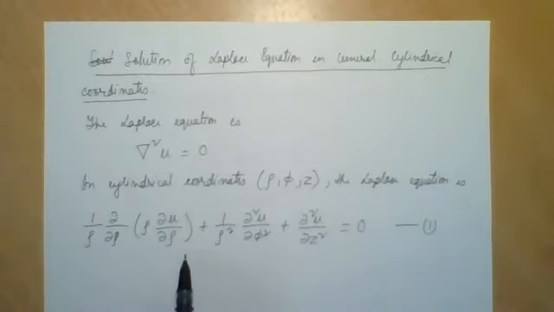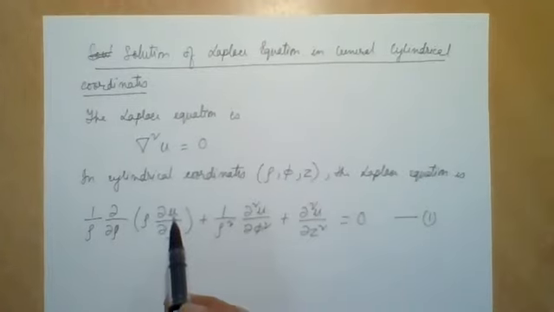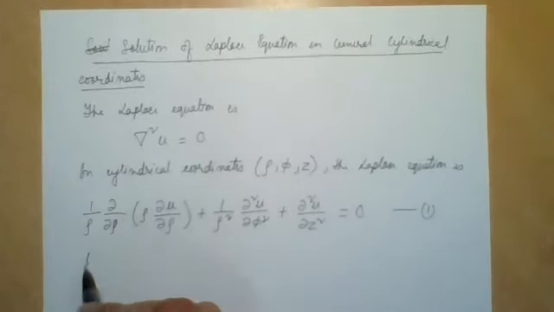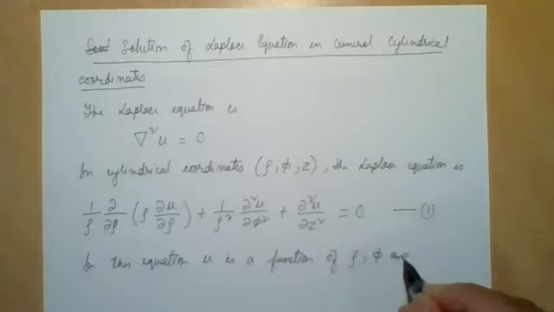From this equation, we know that our u is a function of rho, phi, and z.